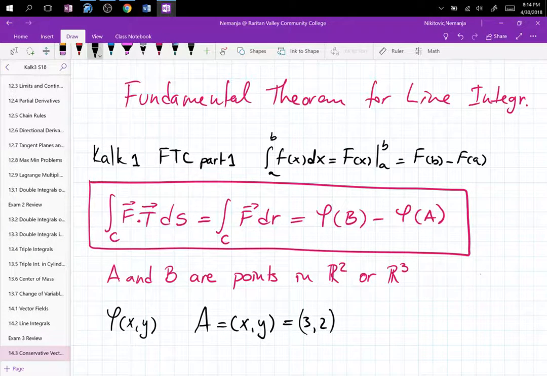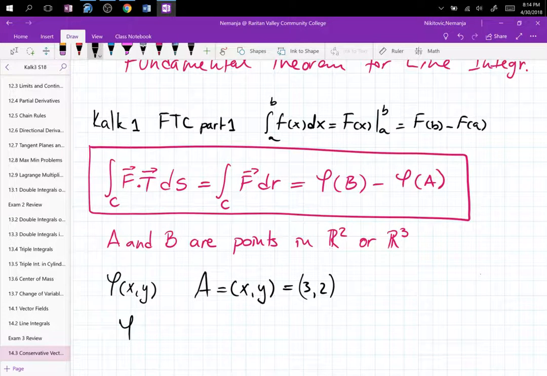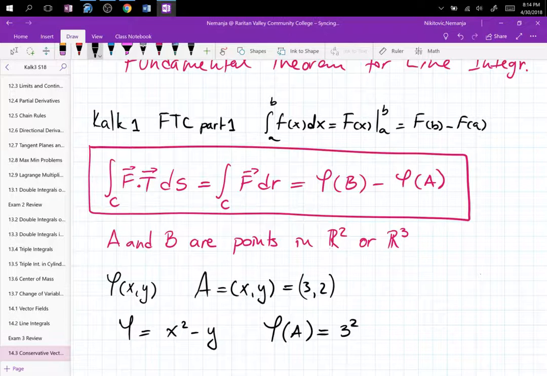So if phi is given as x squared minus y, then phi of a is 3 squared minus 2, which is 7. Do you understand what kind of calculation you are doing? You are doing basic arithmetic instead of calculus. It's very powerful stuff. But it works only if F is conservative.